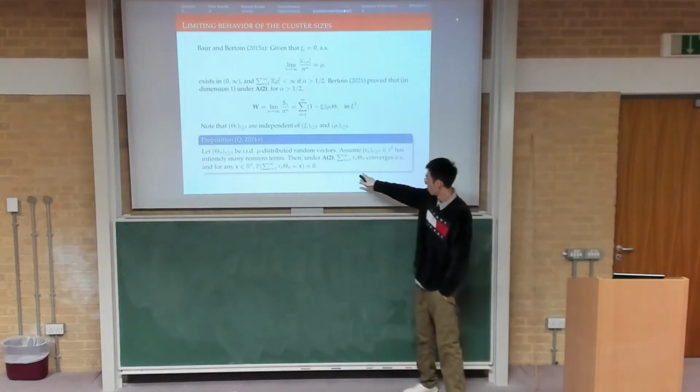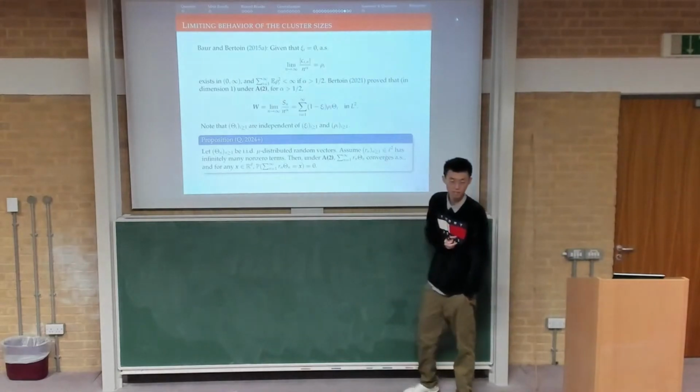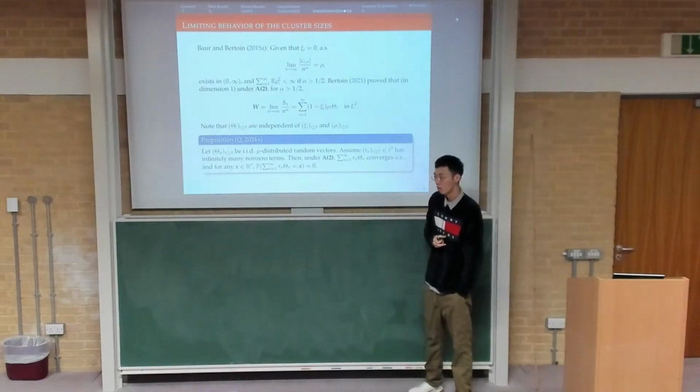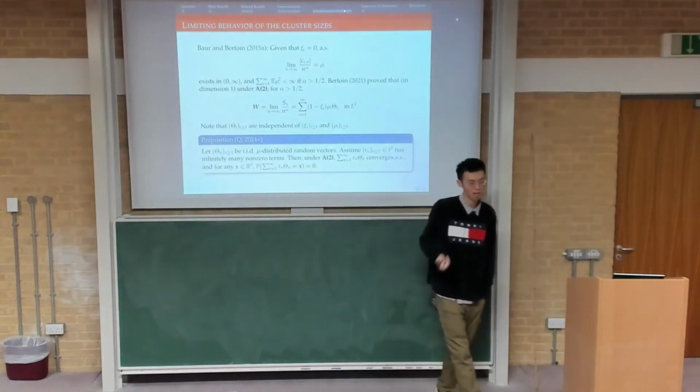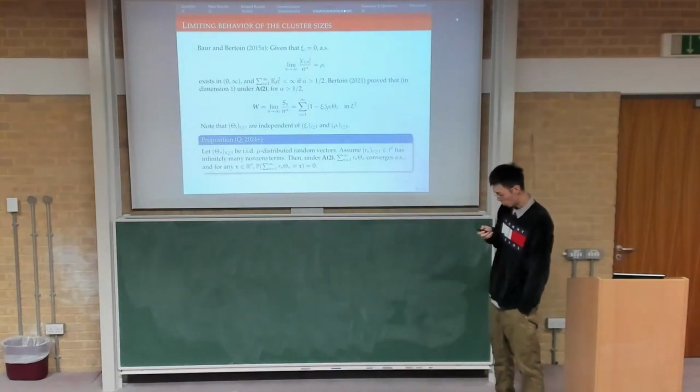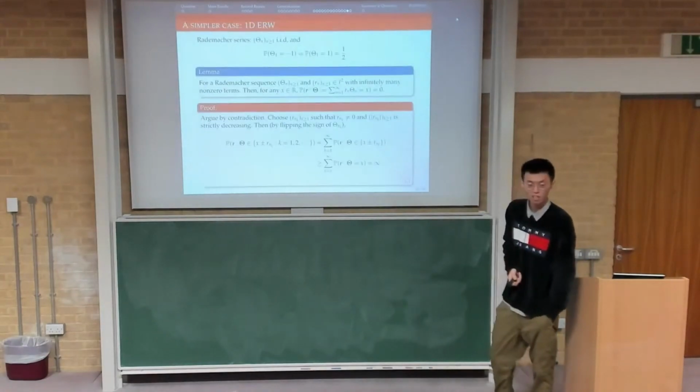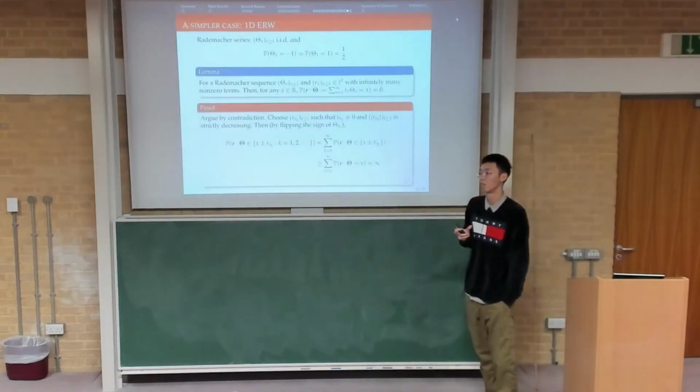Then we can show that for such a random series, almost surely it's continuous or non-atomic. So I'm not going to prove this, but we can look at a simpler example for the one-dimensional elephant random walk.